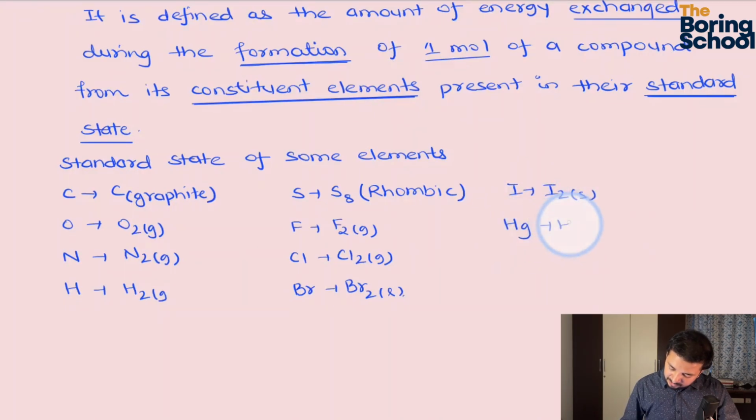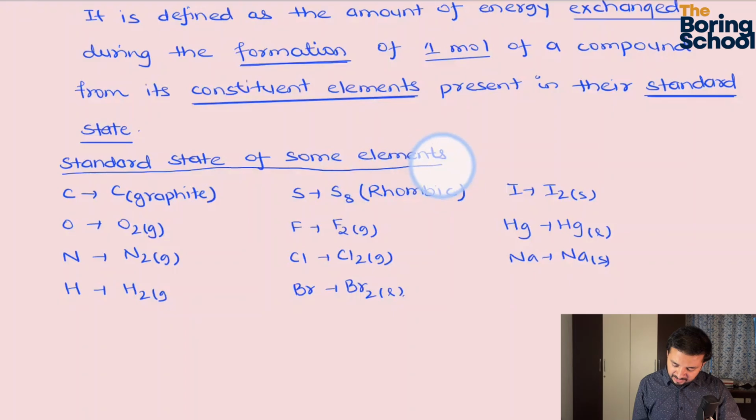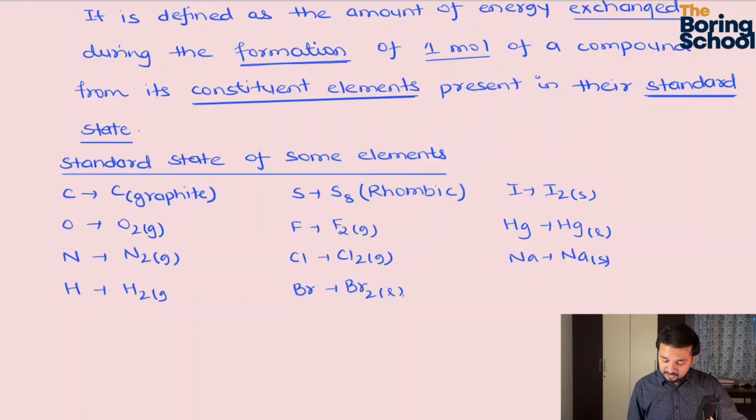Mercury is Hg liquid. Sodium is solid. For metals, it is the solid state in most cases. So these are some standard states of elements which are important and will be used in the questions.